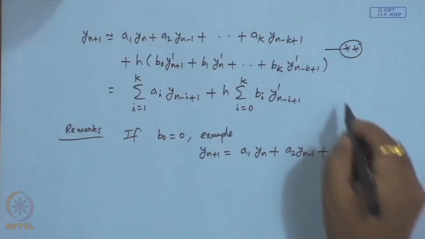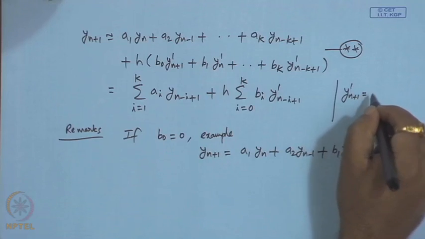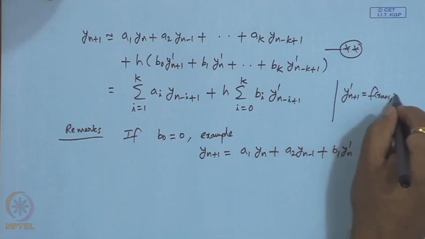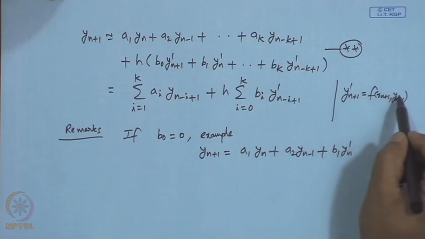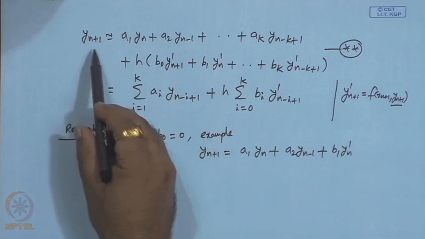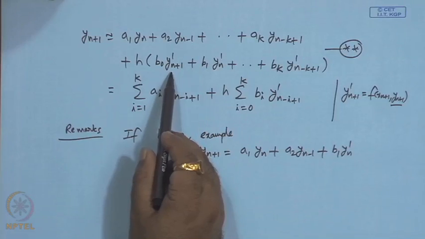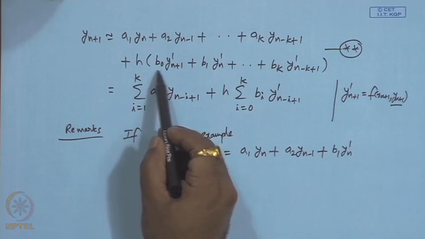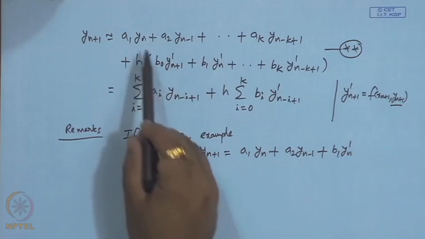Now, what is y n plus 1 prime? It is f of x n plus 1, y n plus 1. So, it demands y n plus 1, that means to compute y n plus 1, the right hand side demands y n plus 1. Now if b 0 is 0, then the right hand side does not demand y n plus 1.